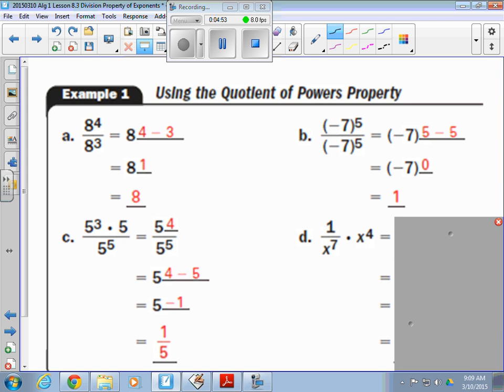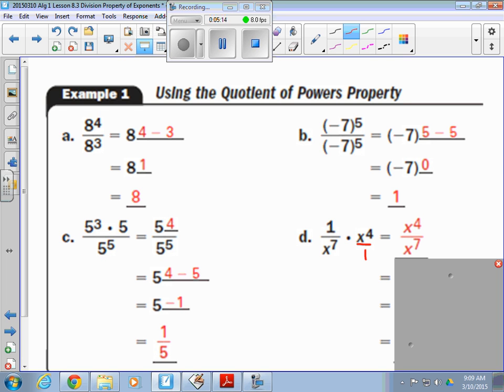1 over x to the 7th times x to the 4th. Remember, everything is considered to be over 1. So if you multiply straight across, you would get 1 times x to the fourth, which is x to the fourth, and x to the 7 times 1, which is x to the 7. Now you have the same bases. They're dividing by each other.